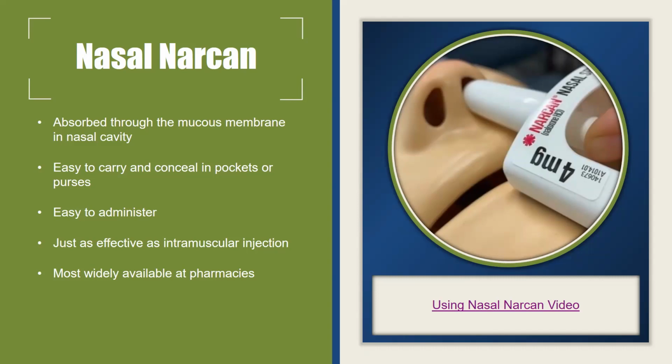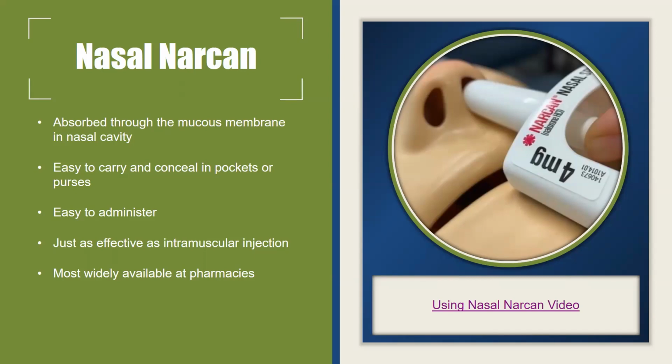A common question that I hear from folks when I'm giving naloxone trainings is, if my person who overdosed is not breathing, how are they able to get this medication through the nasal spray? The medication actually is absorbed into the mucous membrane.